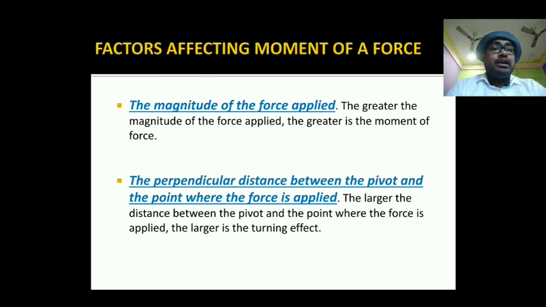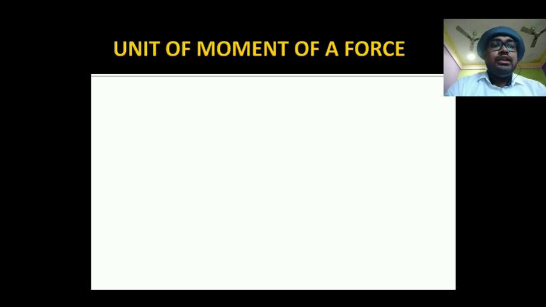So we have two factors affecting the moment of force: the magnitude of the force applied, and the perpendicular distance between the pivot and the point where the force is applied.